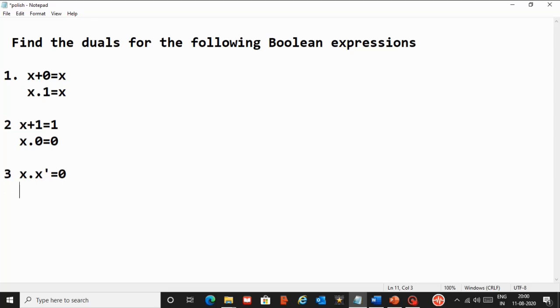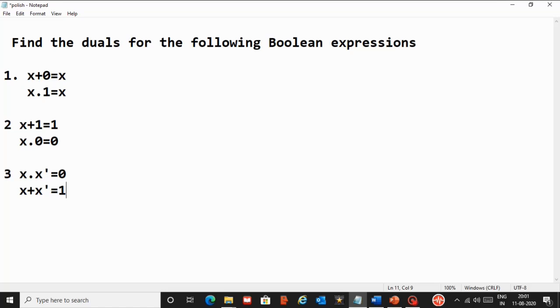How do I find the dual? x remains as it is. Dot would be changed to plus. x dash, or x bar, remains as it is, equal to, I need to change 0 to 1. x plus x bar is equal to 1. Can I prove that? Yes.